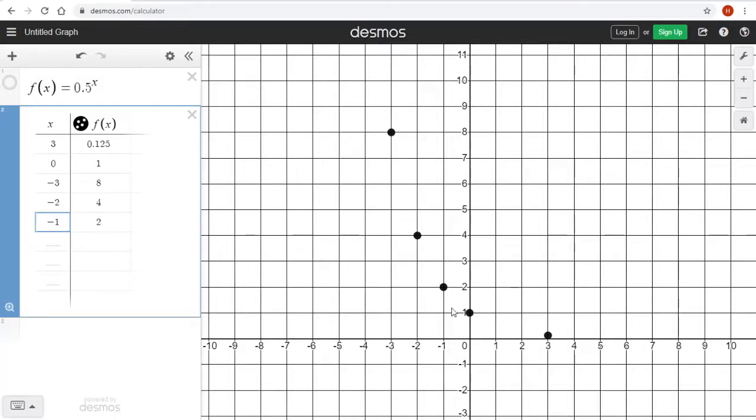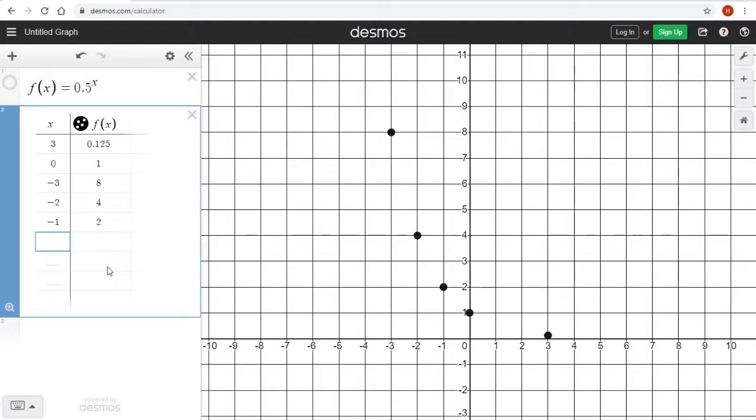And so with -1, we have output value being 2. And then of course you can use your own calculator to verify all these results right here. So this is the point corresponding to -1 for x and 2 for y. And now I'm close to getting what I need to see in terms of the shape of the graph.